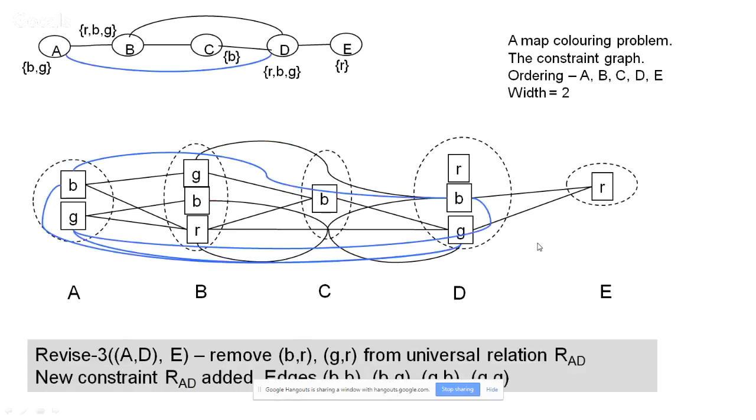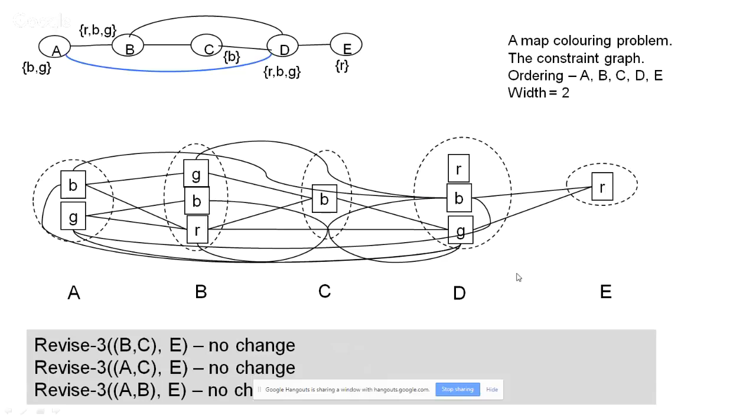But once we remove this, we end up inducing a new relation between A and D, which is shown in the constraint graph in blue, and the new edges are shown also in blue in the matching diagram below. But remember that when we do these revise 3, we'll also have to do revise itself.